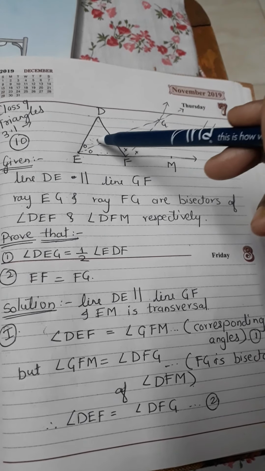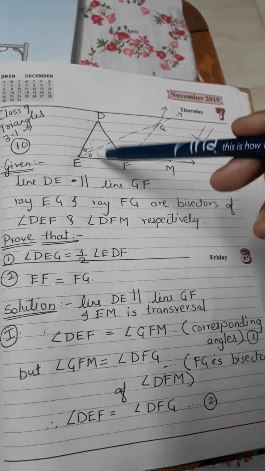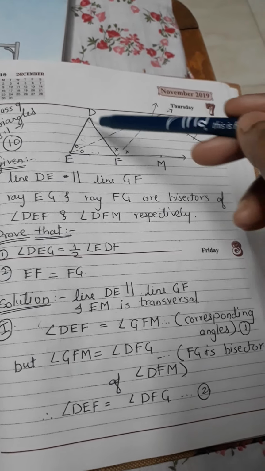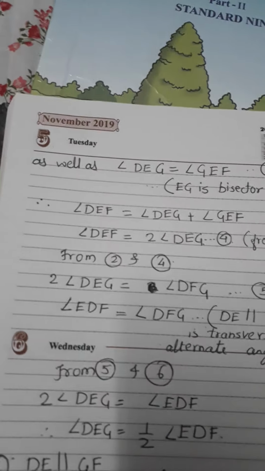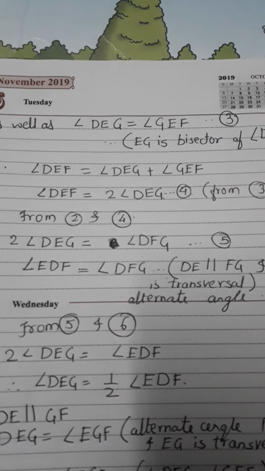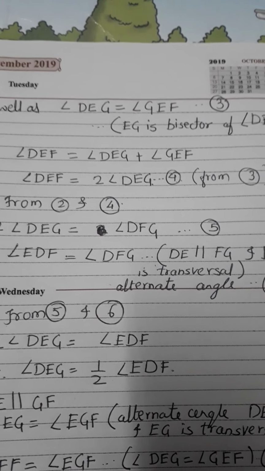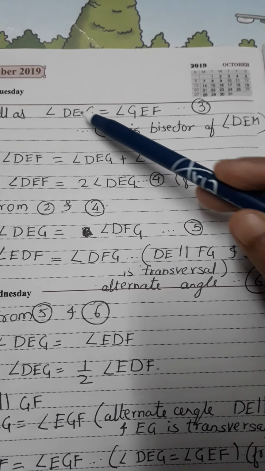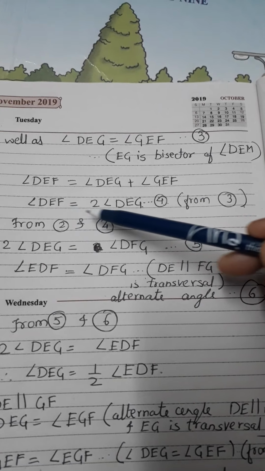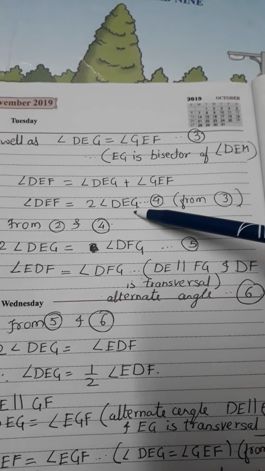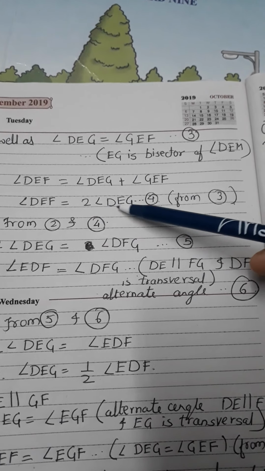As this is the angle bisector, it divides this complete angle into two parts, so these two are also the same. So what I can write, DEF will be equal to the addition of these two parts. After the addition, as these two are the same, DEF is equal to twice angle DEG, because these two are the same. So twice angle DEG.